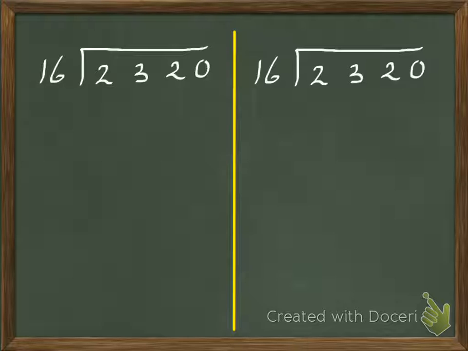The question is put up in 2 columns here. I'm going to work this one and this one at the same time, so you'll see the 2 methods. They're sort of the same, but with any long division, what works for you, what suits you, is a very important thing.